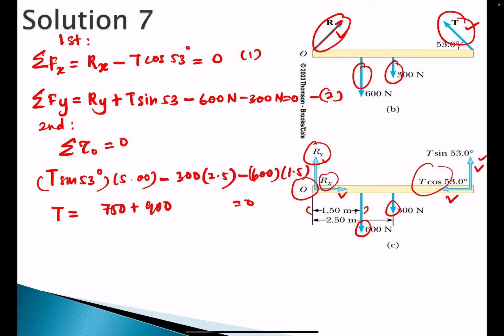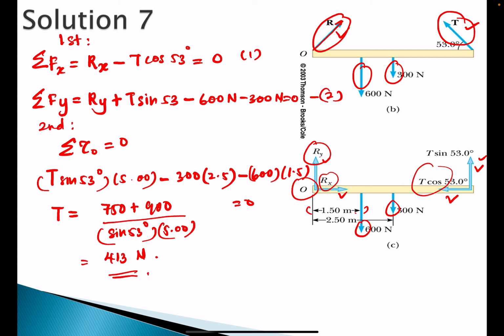You get around 413. So you will get around 413 Newton.